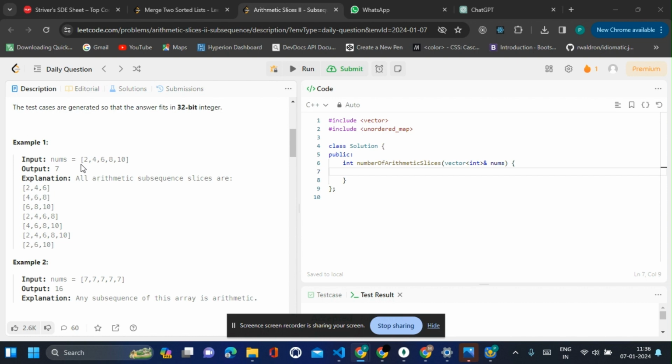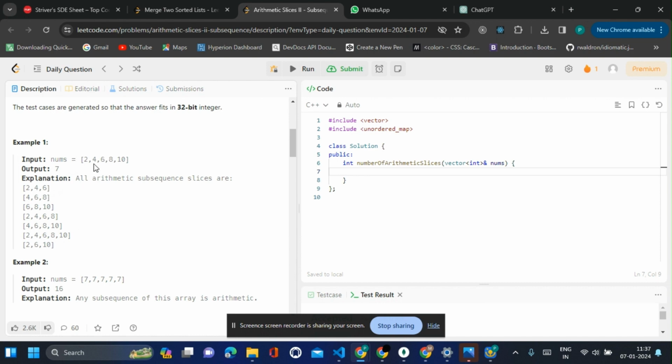So there will be 2, 4, 6 because their common difference is 2. 2, 4, 6, 8, again common difference 2. 2, 4, 6, 8, 10, again common difference 2. These are 3.